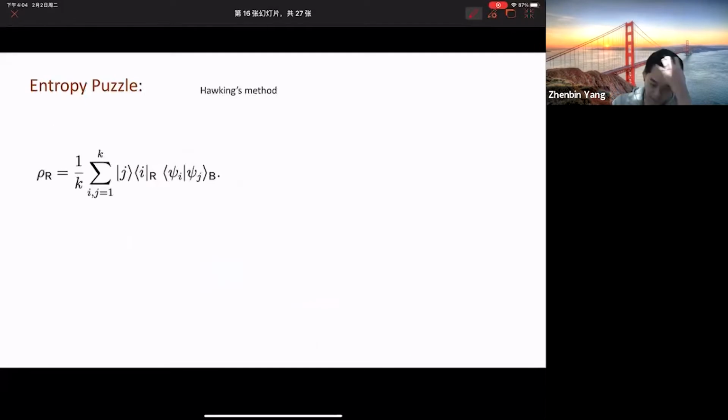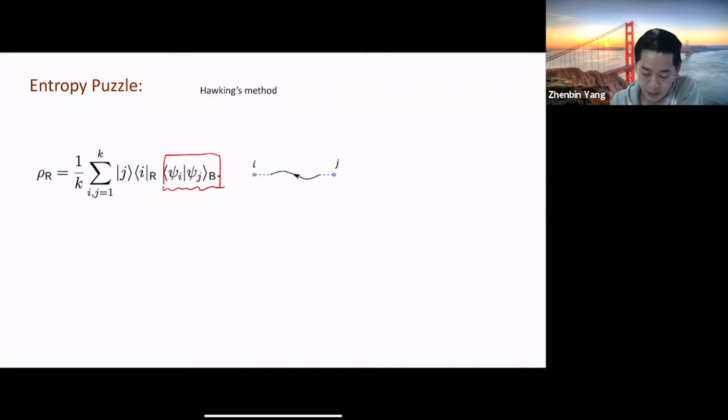So, a quick review of the entropy calculation. We can do Hawking's method. As usual, first we look at the reduced density matrix of the radiation. We trace out the black hole system, so we get the inner product of psi i and psi j. In terms of the boundary description, that describes a single asymptotic boundary beginning from a brane with flavor index i and ending on a brane with flavor index j.